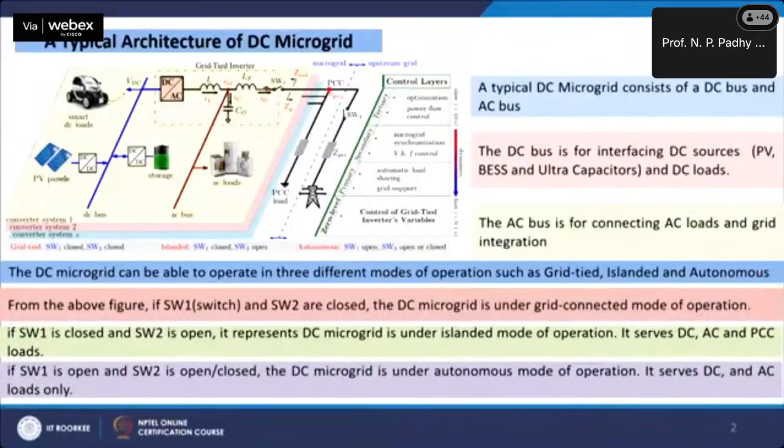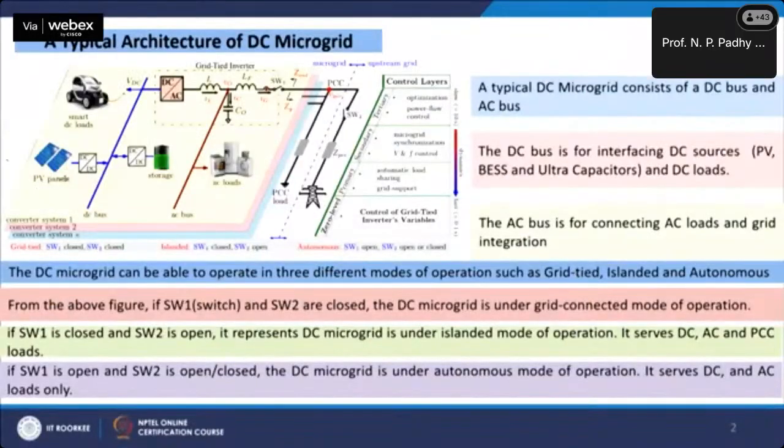Now, as you could see, a typical architecture of a DC microgrid, you must have heard about DC microgrids, AC microgrids, and to some extent hybrid microgrids, a combination of both. In a DC microgrid, all the loads and generation are connected to a DC grid.